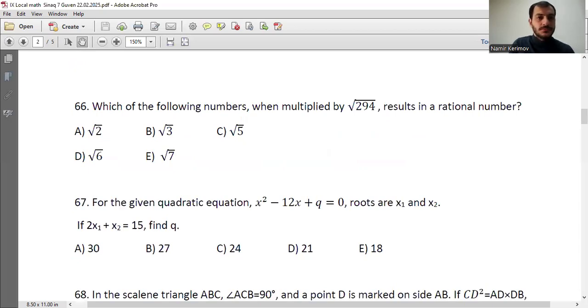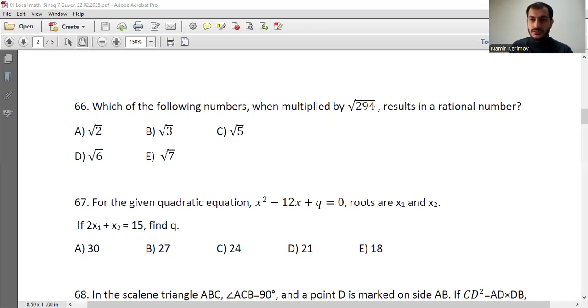Number 66. Which of the following numbers when multiplied by √294 results in a rational number? Here maybe you can check all the variants like √2, √3, √5, all of them. But I prefer just factorizing and trying to find a simple form of that radical.